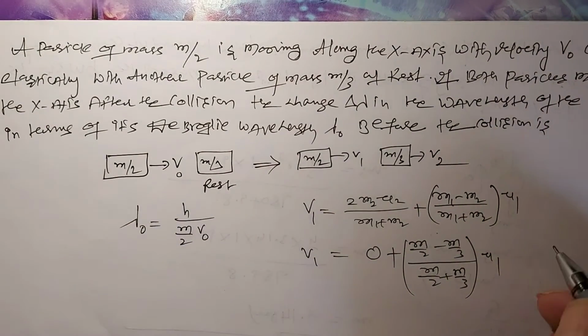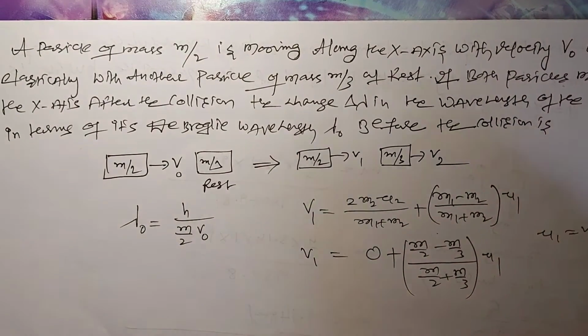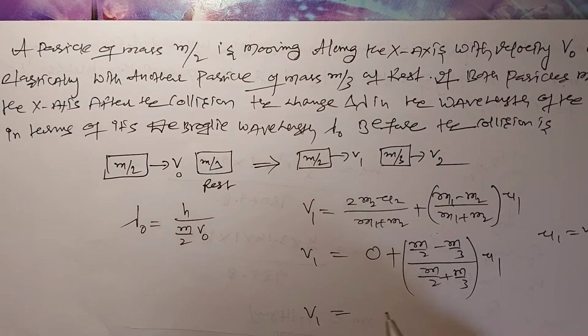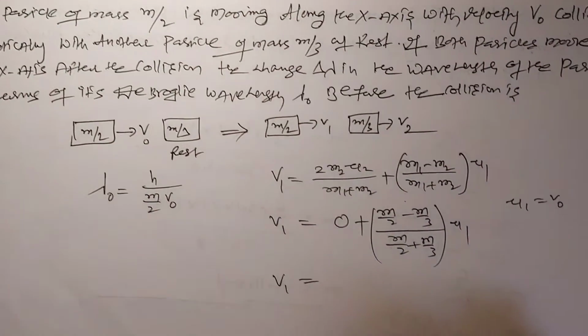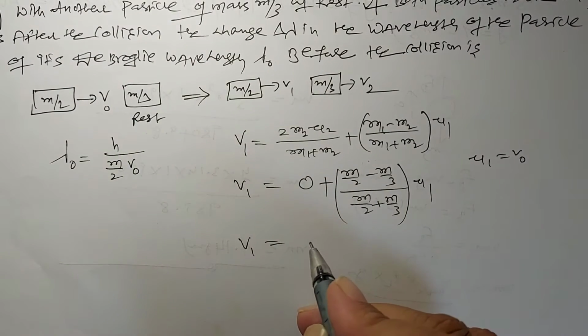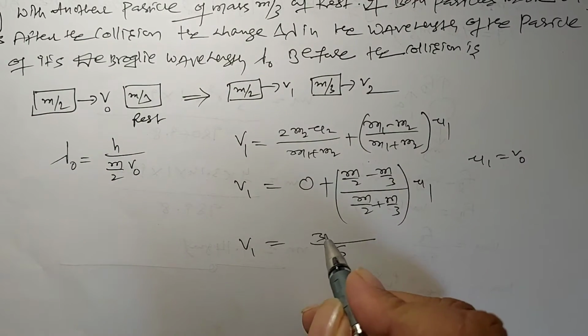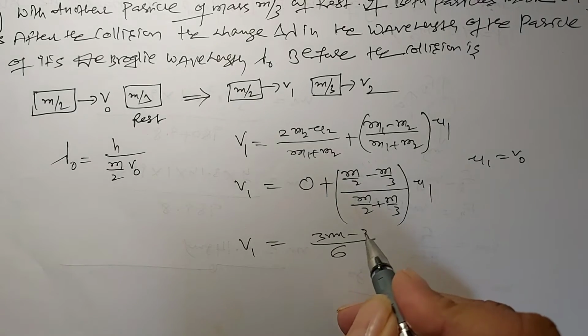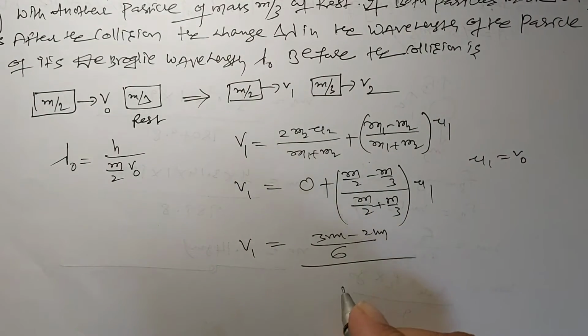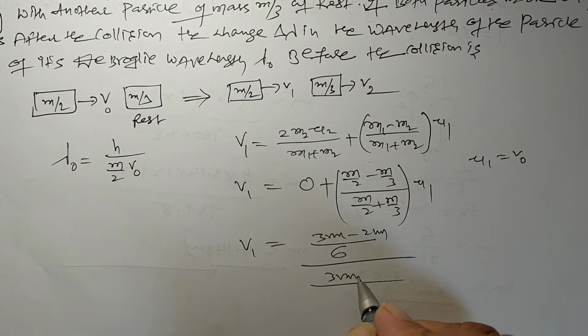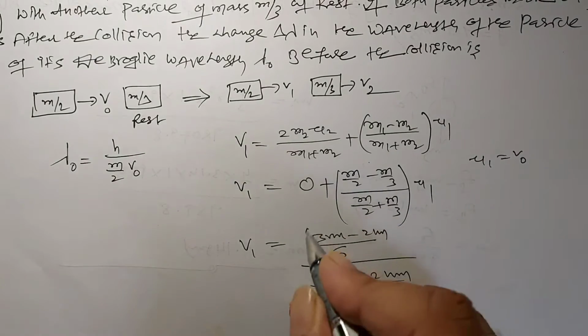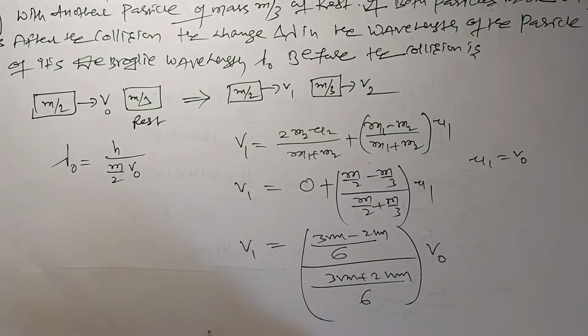So what is u1 here? u1 is equal to v0. So v1 is equal to, taking 6 as the LCM, (3m minus 2m) divided by (3m plus 2m), into v0.